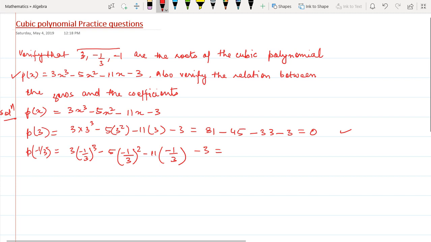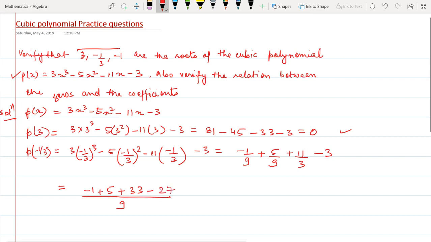This will be equal to minus of 1 by 9 plus of 5 by 9 plus of 11 by 3 and minus of 3. On solving this one further, let me take the LCM as 9. I get minus of 1 plus of 5 plus of 33 minus of 27.